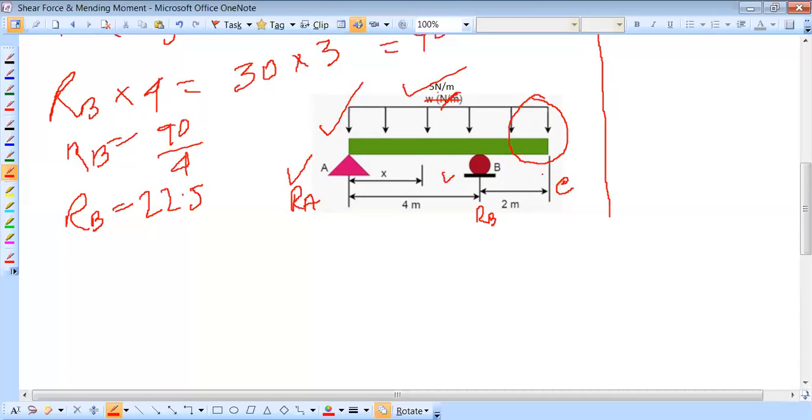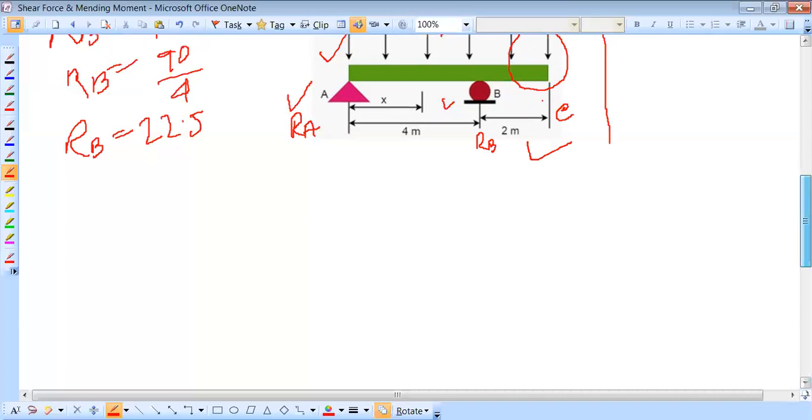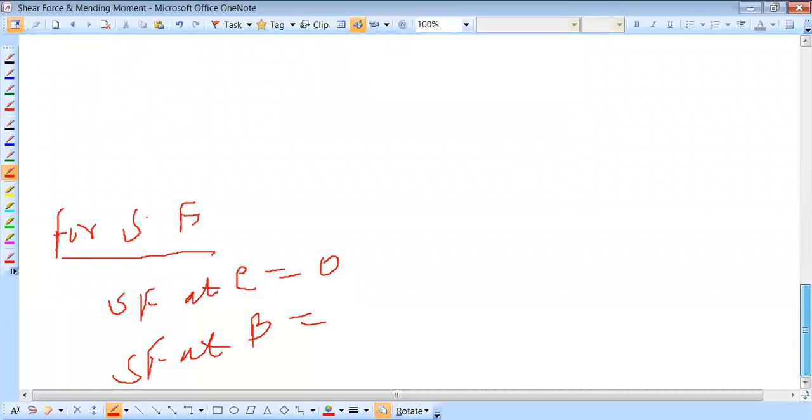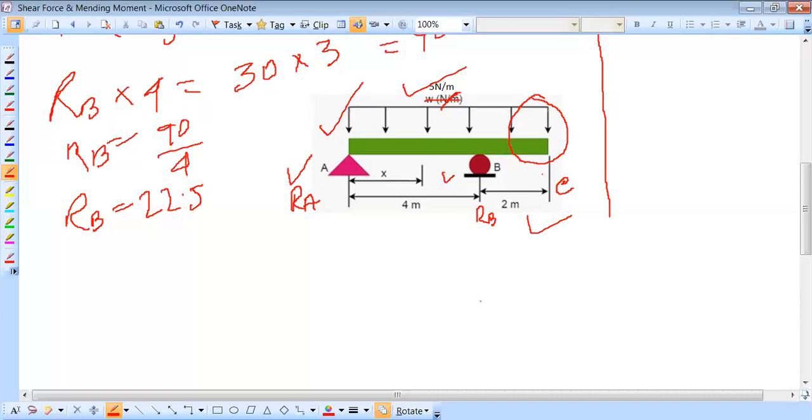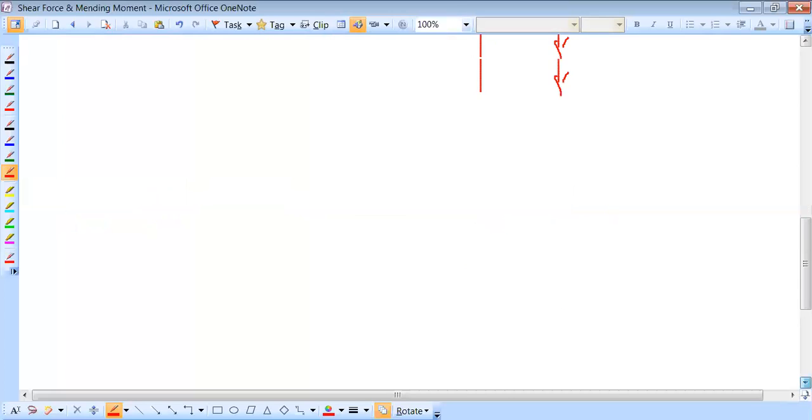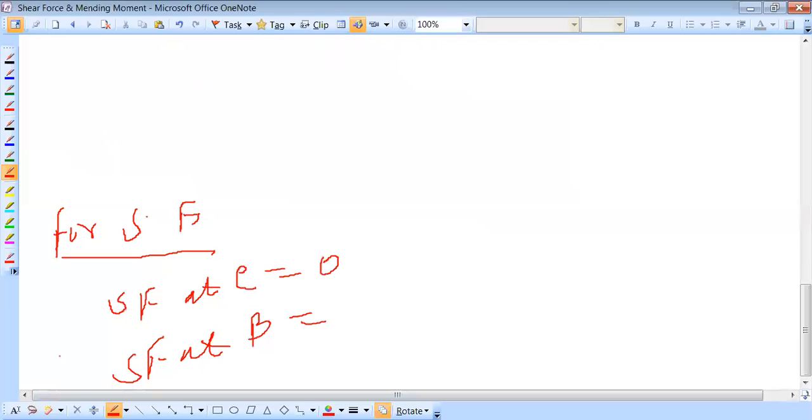What is the intensity? 5 Newton per meter and 2 meters, that means 10, in the downward direction. We have to take just before B, not at B, because the reaction is upward and the UDL is downward. It is very important: just before B. This equals minus 10 Newton.